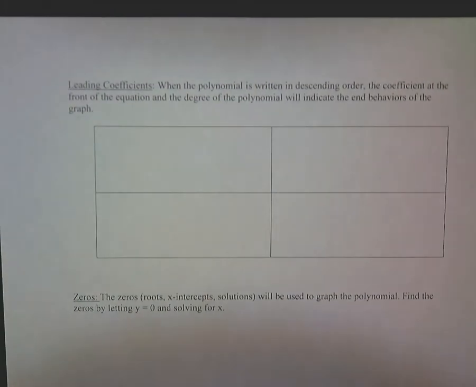The leading coefficient, when the polynomial is written in descending order, like highest exponent down to the lowest exponent, the coefficient at the front of the equation and the degree of the polynomial will indicate the end behaviors of the graph.